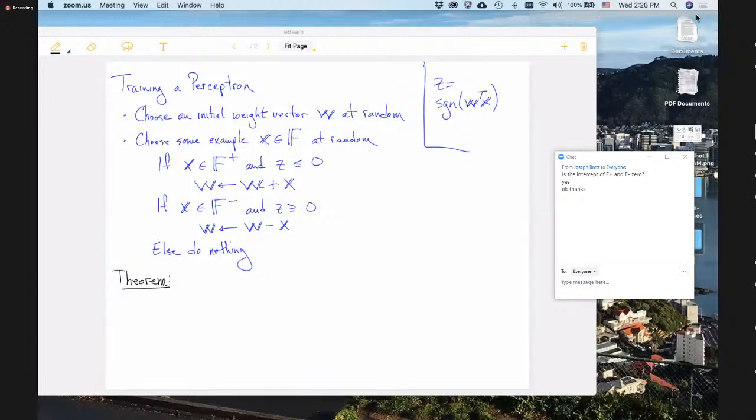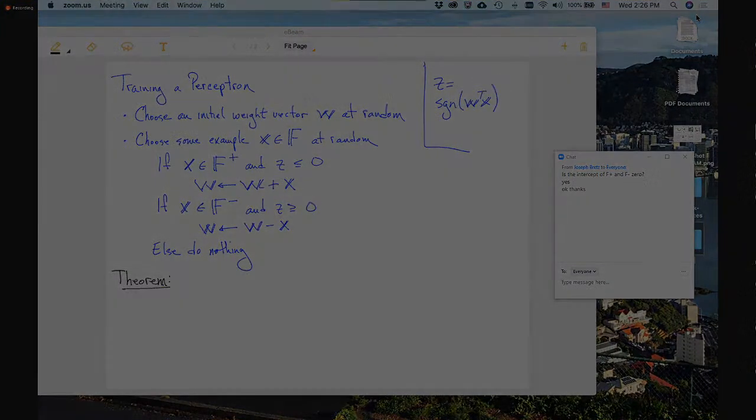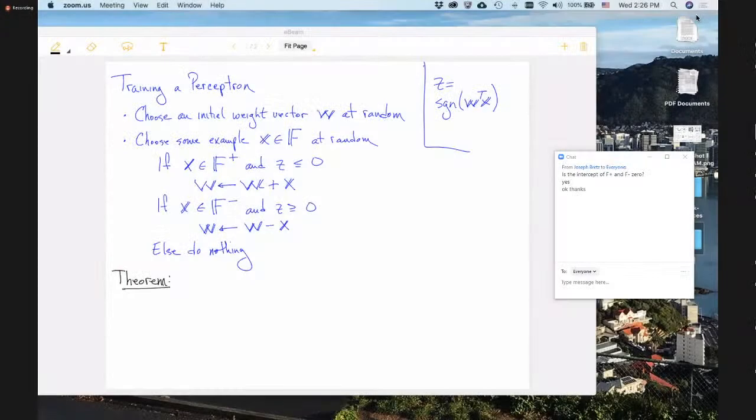But I do want to make sure that you get the gist of what we're proving here. By the way, this particular theorem was not proven by Rosenblatt. It was proven by Marvin Minsky and Seymour Papert at MIT in 1968-69. You can find it in their famous book called Perceptrons. And we'll talk about that book here in a second.